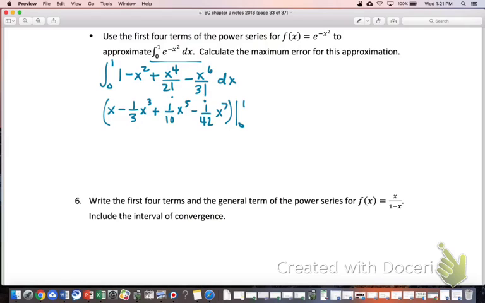And what's nice about this is our centering point is 0. That's one of the limits of integration. The other one is 1. You plug a 0 into something like this, you just get 0. So this would equal 1 minus 1/3 plus 1/10 minus 1/42. We're going to say that that is approximately equal to this original integral.